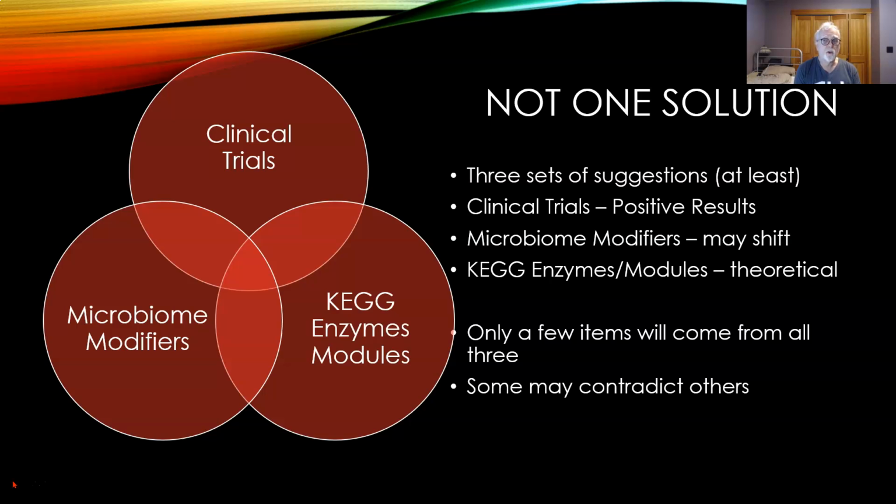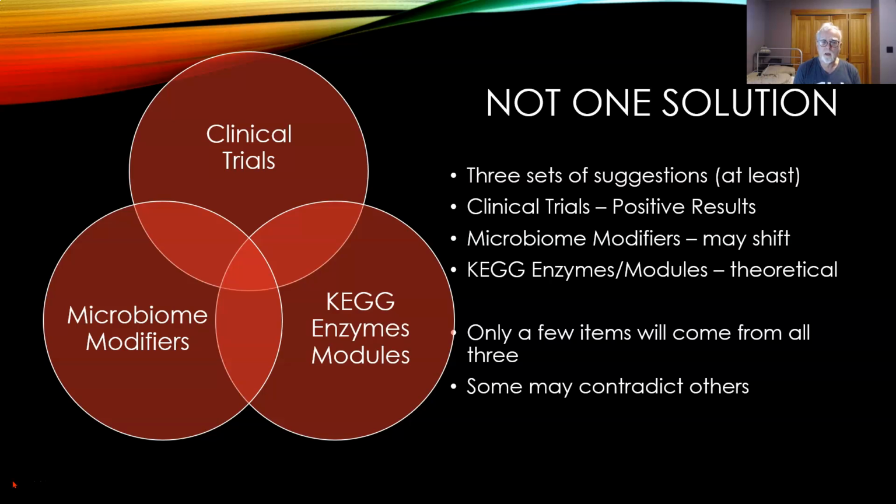So what we're trying to determine is the probable outcome of a particular supplement, herb, diet choice, food, or probiotic product on the microbiome. What does it shift? The third one is very much related, but we step back and look at the function.